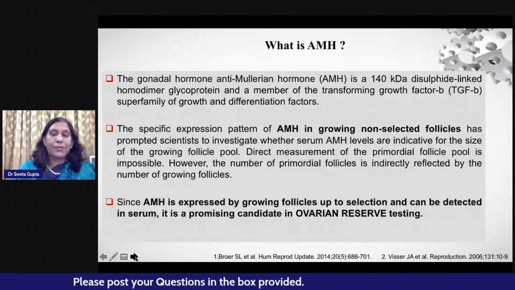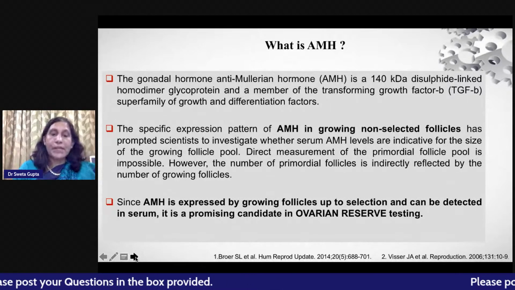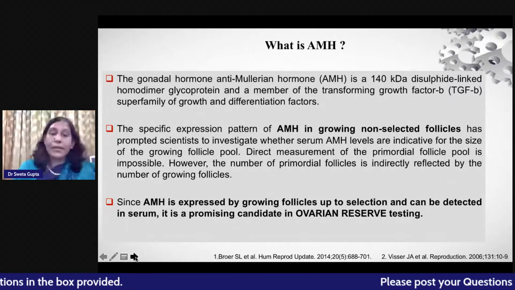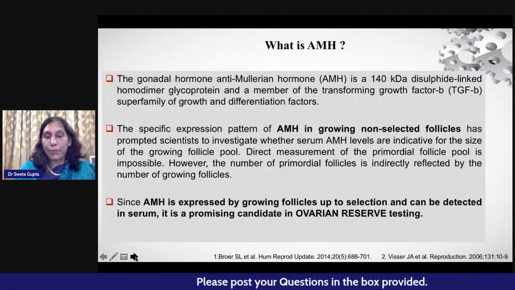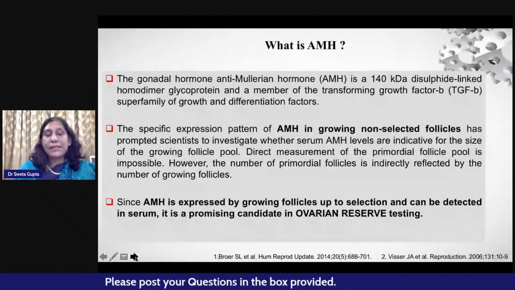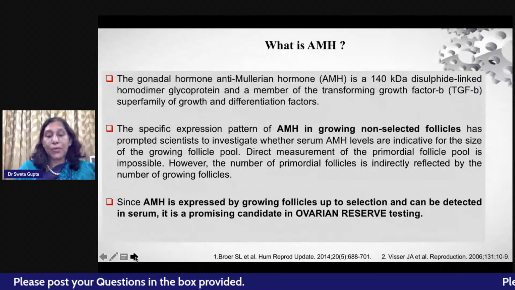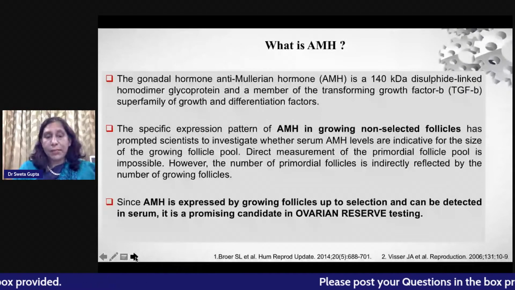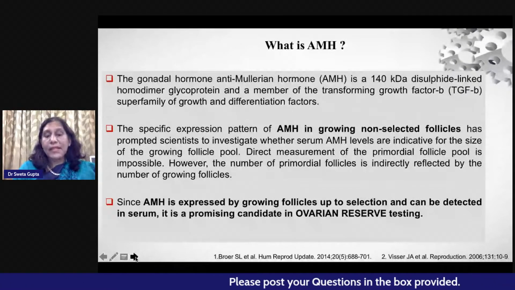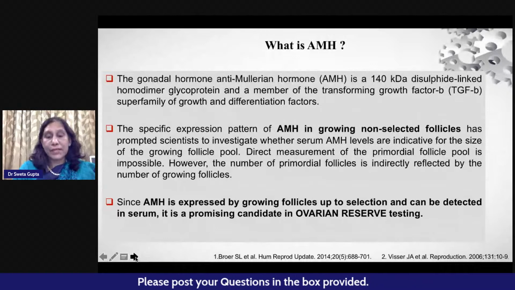The direct measurement of the primordial follicle pool is impossible. However, the number of primordial follicles is indirectly reflected by the number of growing follicles. And since AMH is expressed by growing follicles up to selection and can be detected in serum, it is a promising candidate in ovarian reserve testing.